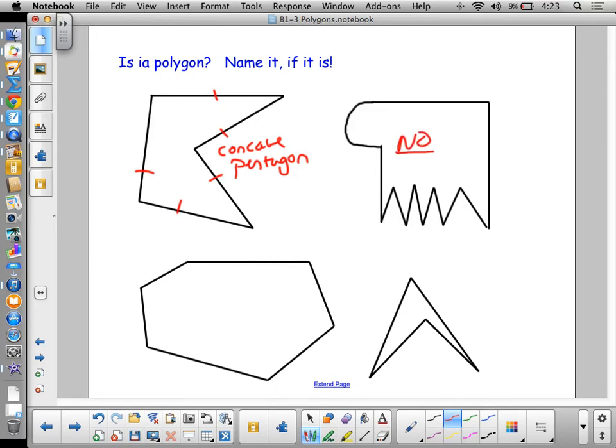Curves, not allowed. This is a polygon. No curves. Closed figure, 1, 2, 3, 4, 5, 6 sides. A convex hexagon. This is a concave quadrilateral.